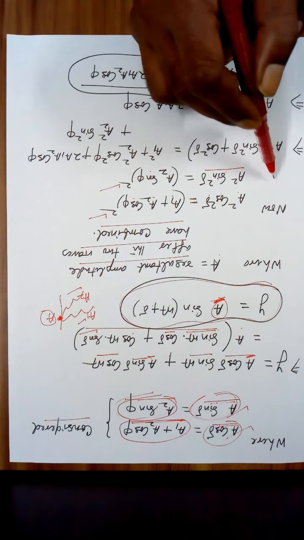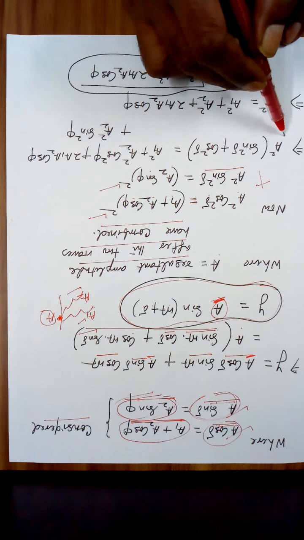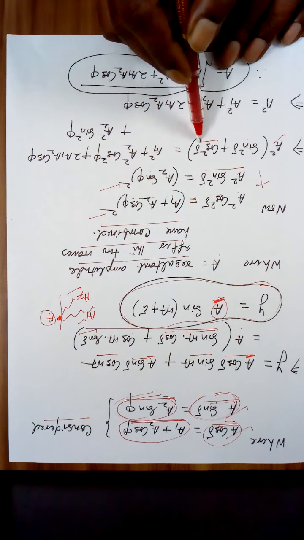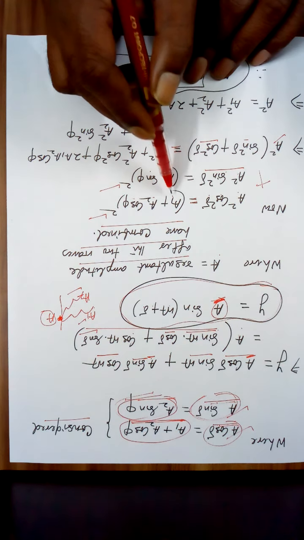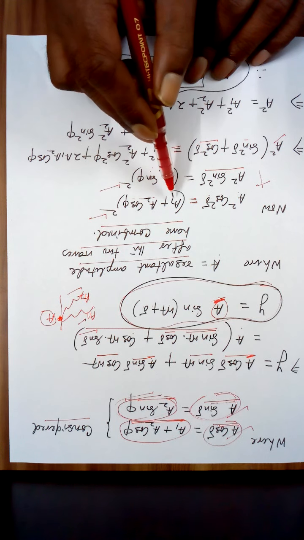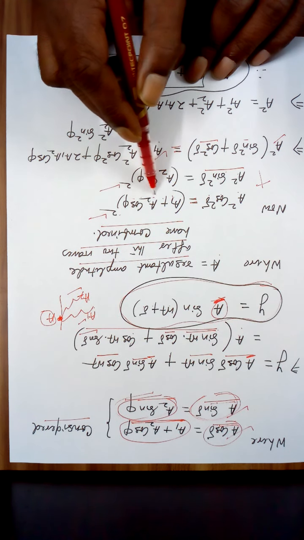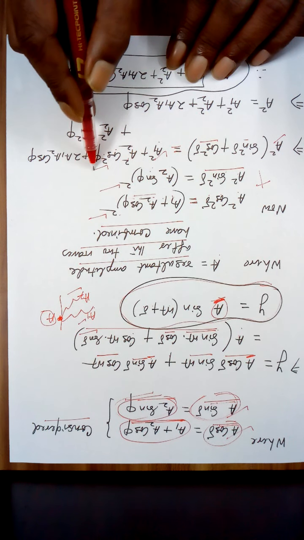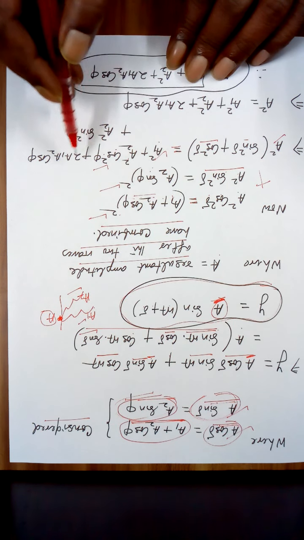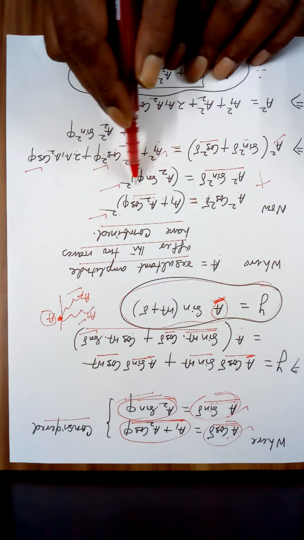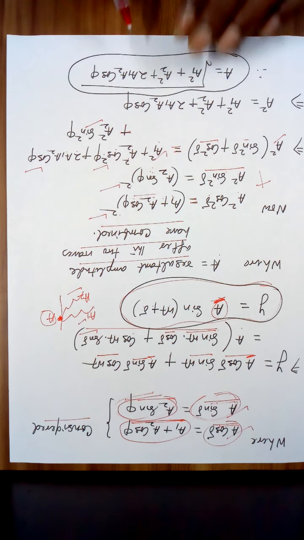Let us add these two. A square is taken common, within the bracket I am left with sin square delta plus cos square delta, which is equal to, these two will also be added, a plus b whole square, so a1 square plus square of this, a2 square cos square phi plus 2 times this into this, 2a1 a2 cos phi plus a2 square sin square phi, right?